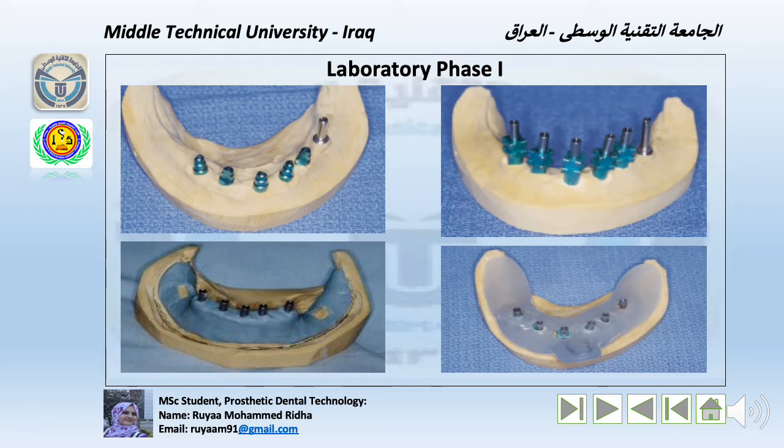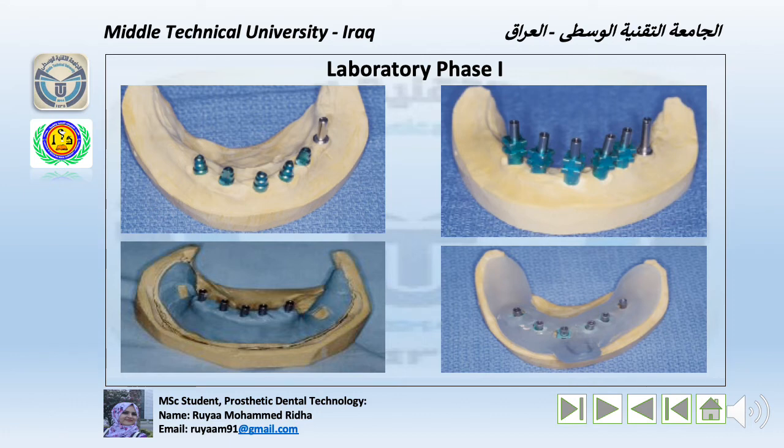The laboratory first phase. In the first laboratory step, the custom tray is fabricated. After pouring the impression with dental stone, the indirect impression transfers are replaced with the direct impression transfers, placing long fixation screws on the working cast.